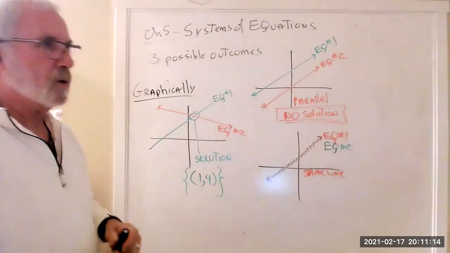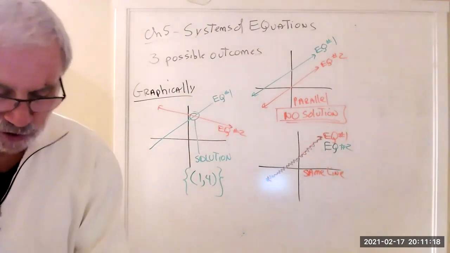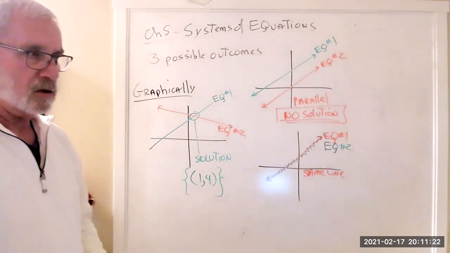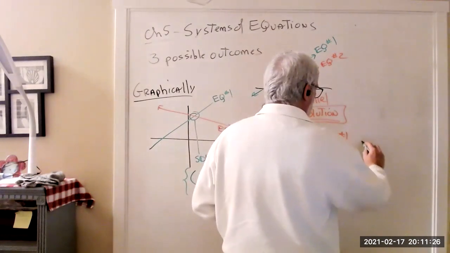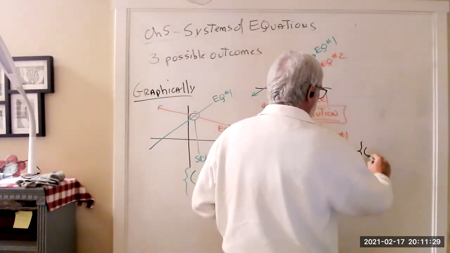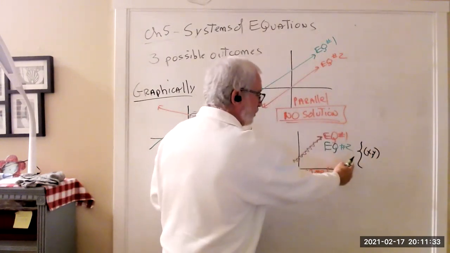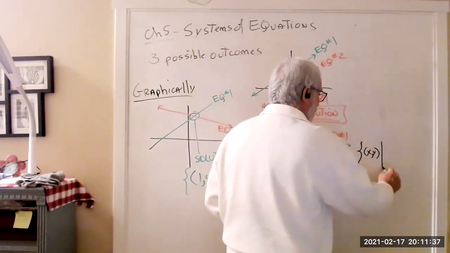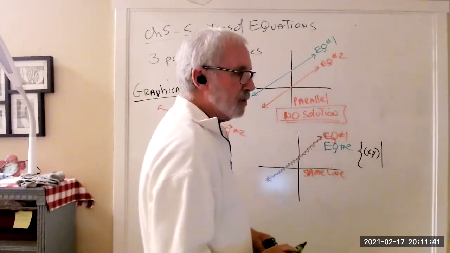Okay. Now, hold on, because the solution is just really ugly. Okay. The solution that you write looks like this. The set of ordered pairs. So you go set brace like that, X comma Y, put a bar there, and I'll explain what this means. Just right now, I'm going to use terrible teaching techniques.